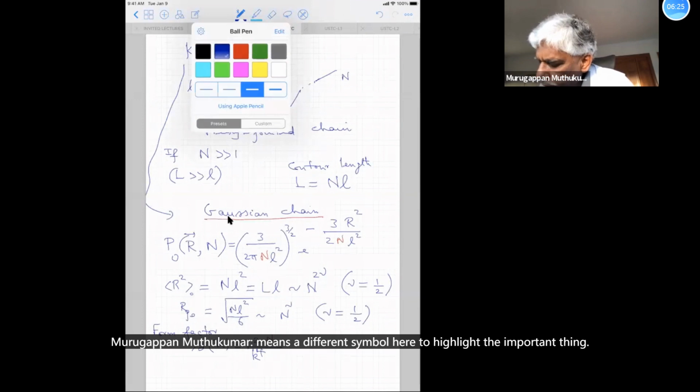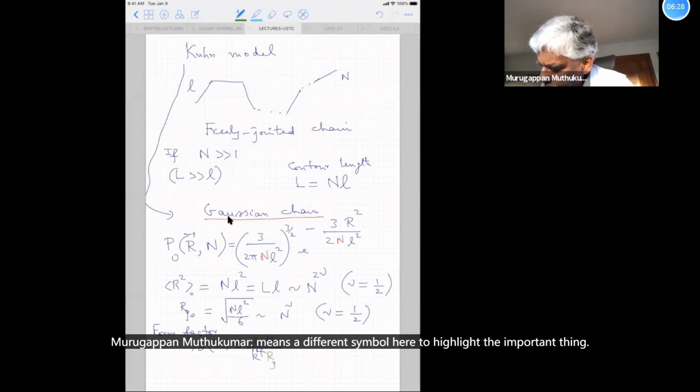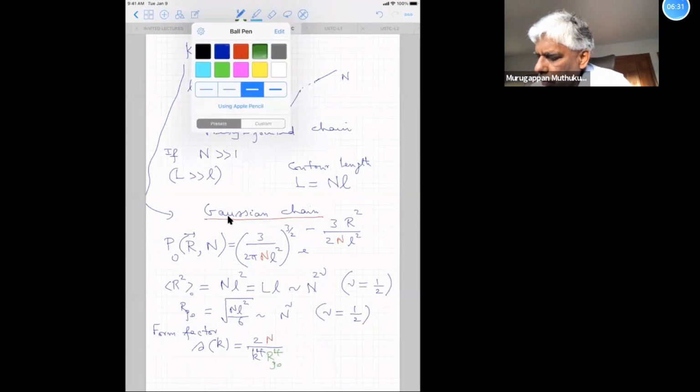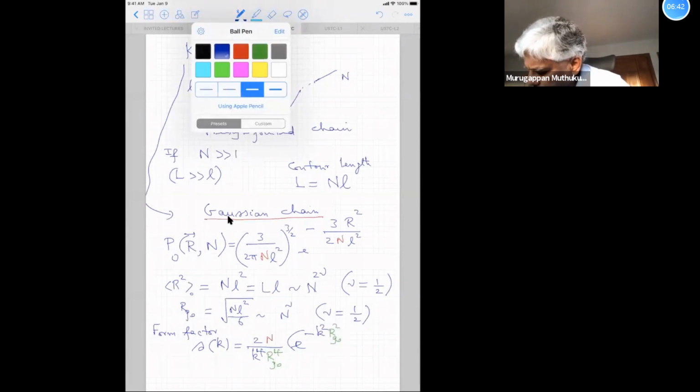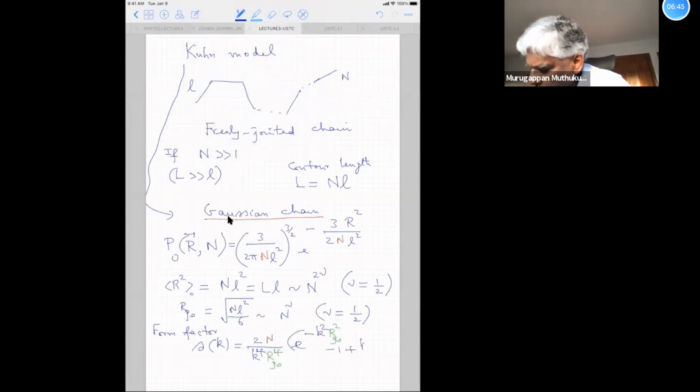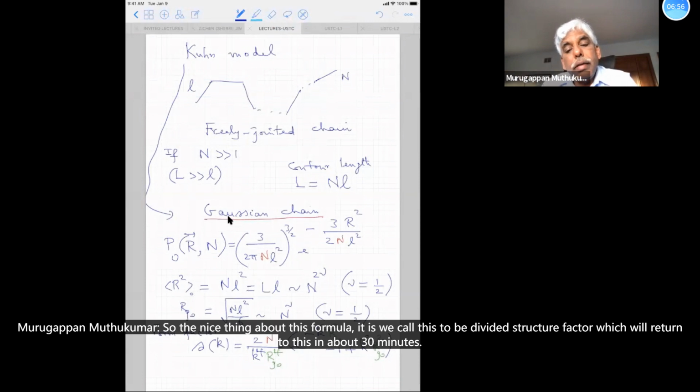Let me use a different symbol here to highlight the important thing. The nice thing about this formula is we call it the Debye structure factor, which we'll return to in about 30 minutes.